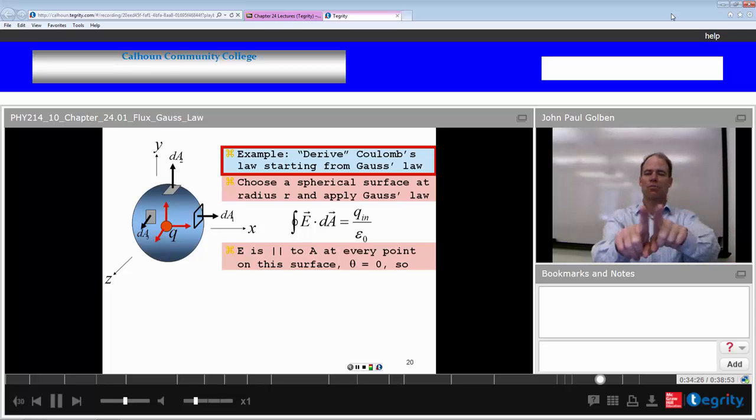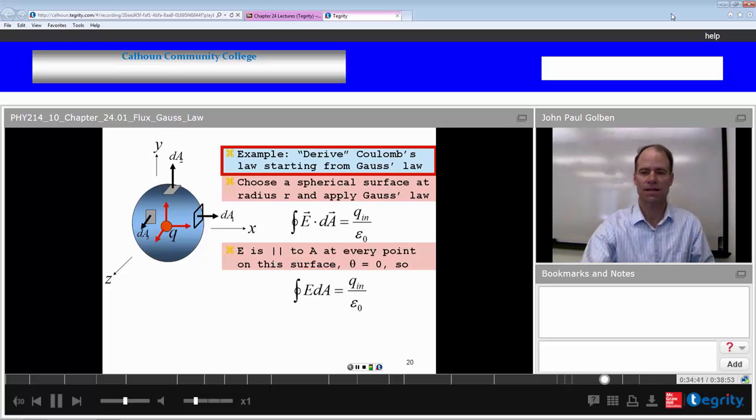There will be no place where they are not parallel. Hence, over this surface, E dot dA will be equal to E dA cosine 0, and cosine 0 is just 1. So E dot dA becomes E dA everywhere on this surface, and we have the integral of E times dA equals charge enclosed over epsilon naught.